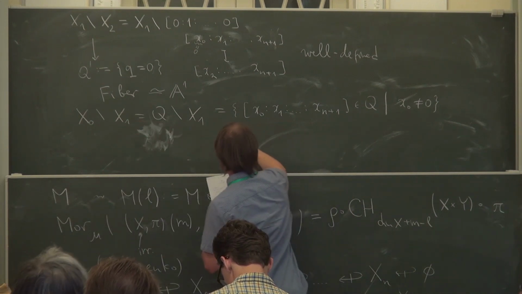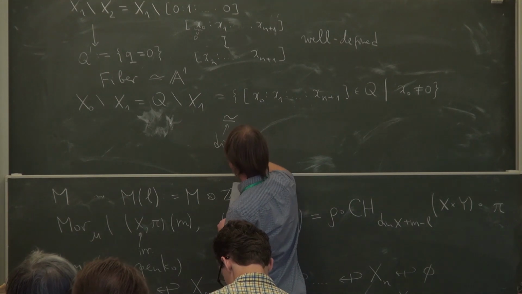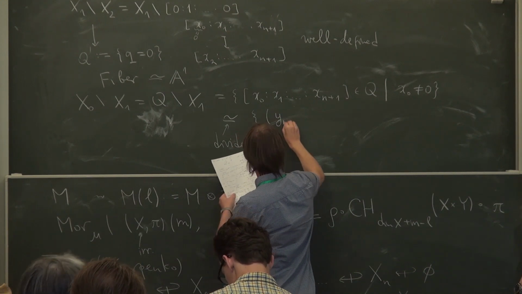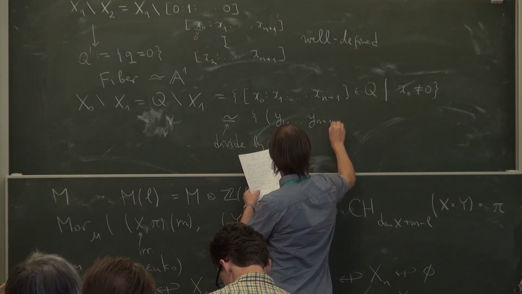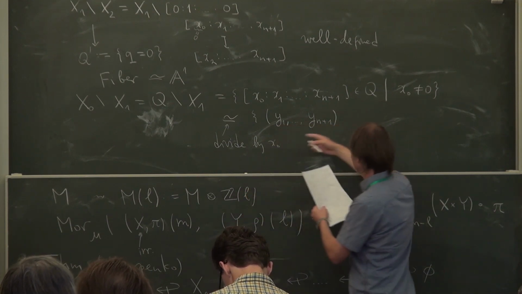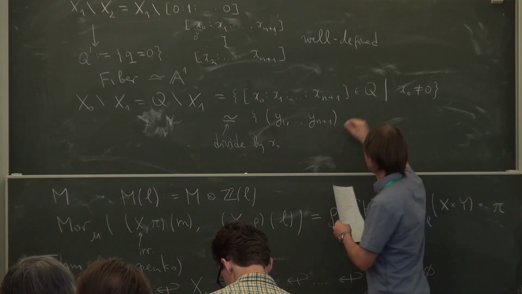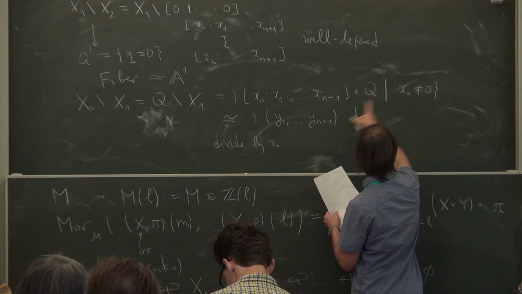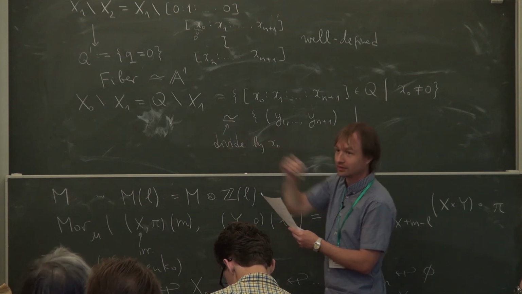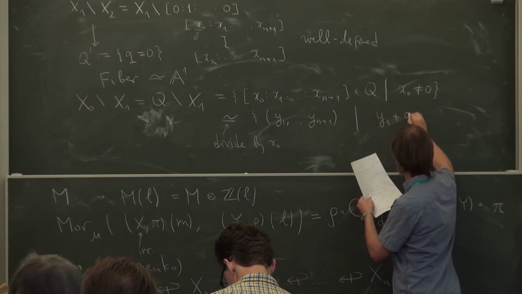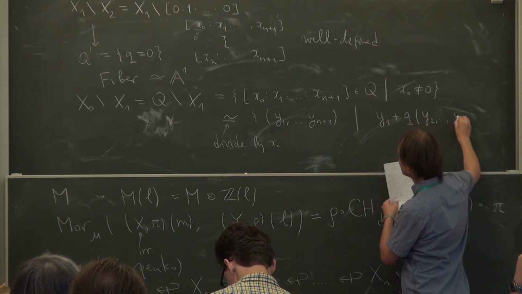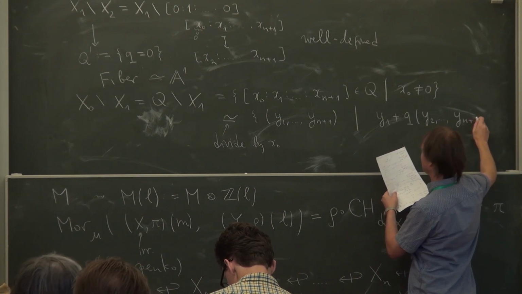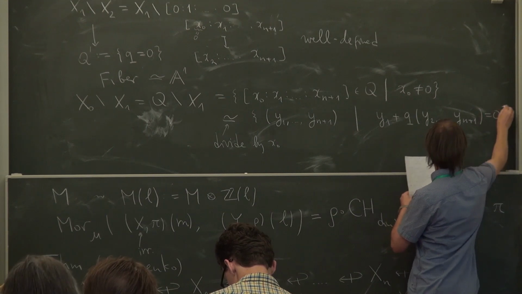So it's isomorphic, namely divide by x0, so now we have affine coordinates, but we should not forget that we are on a quadric, so there should be an equation, but the equation is, dividing by x0 means putting 1 instead of x0, so it's y1 plus q of y2, ..., yn+1 equals 0.